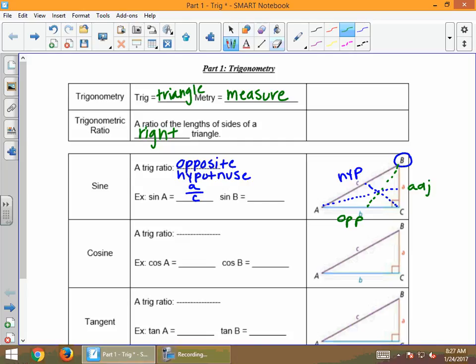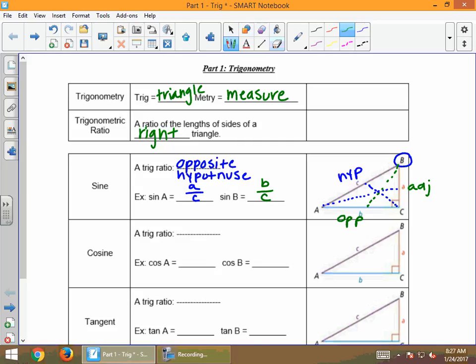When we relabel, opposite is now little b, and the hypotenuse is still c. So that would be the ratio for the sine of an angle. The examples we're going to do at the bottom deal with numbers. This is just a general ratio dealing with these variables, or these letters.